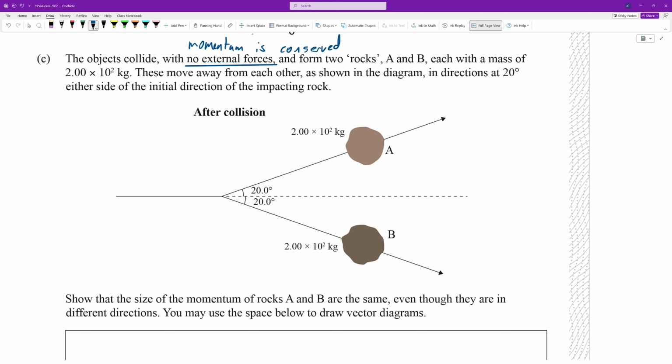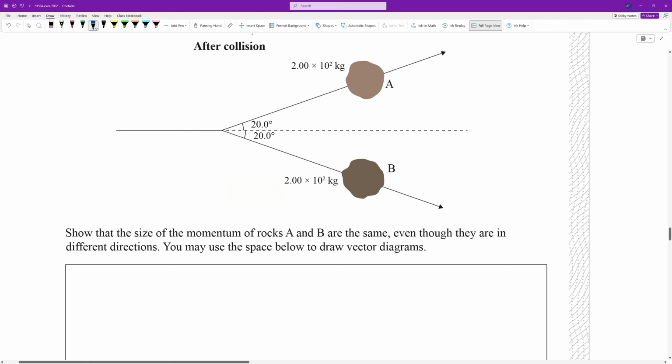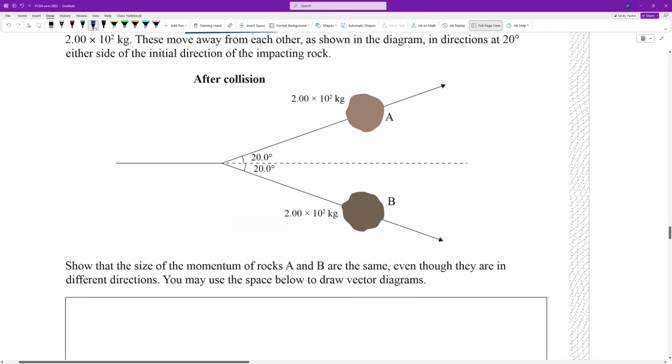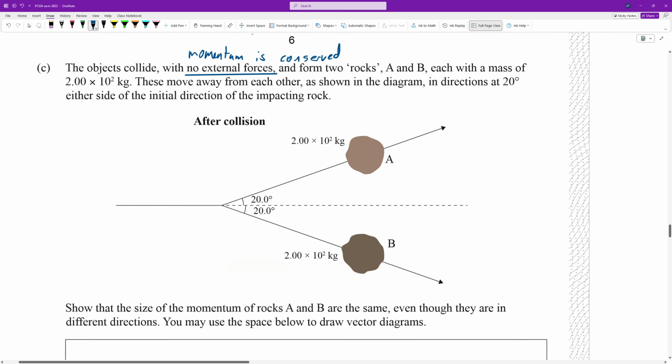Okay, so it's a symmetrical system. Question is, show that the size of the momentum of rocks A and B are the same, even though they are in different directions. Awesome. Multiple ways to do this one. Let's just go for the common sense method.